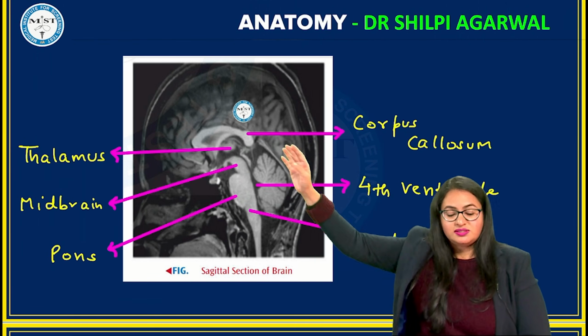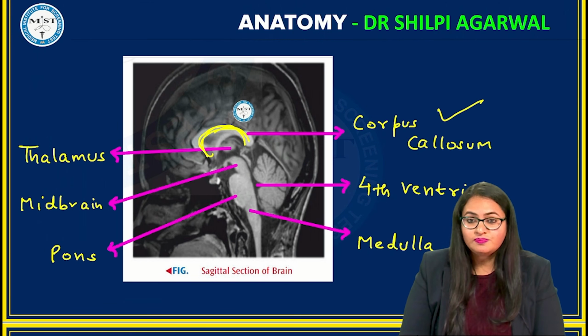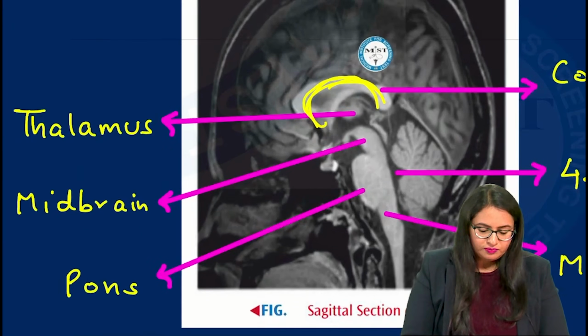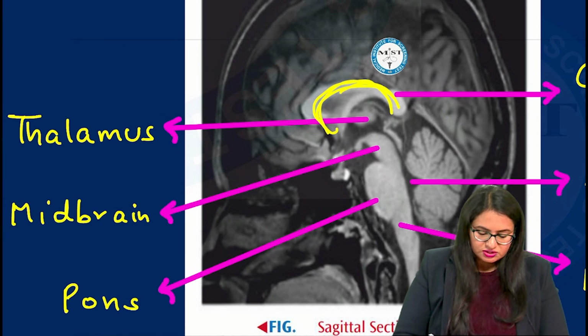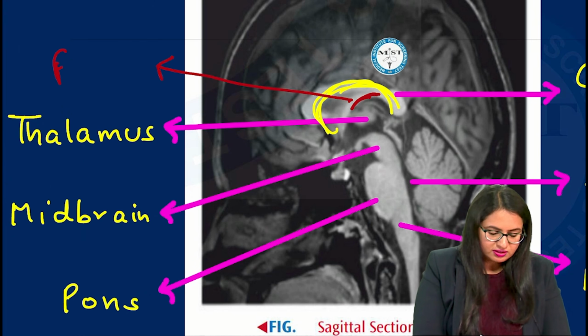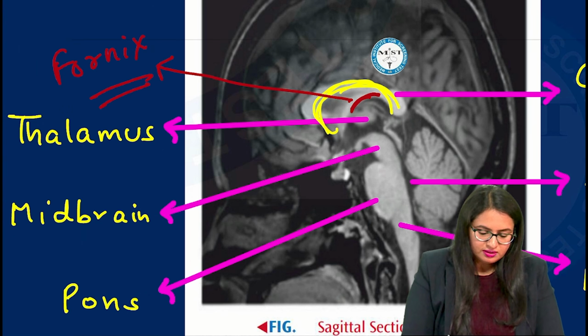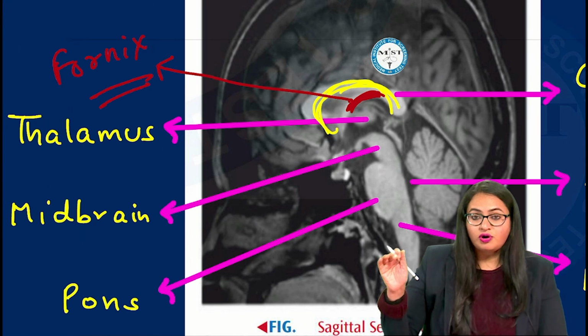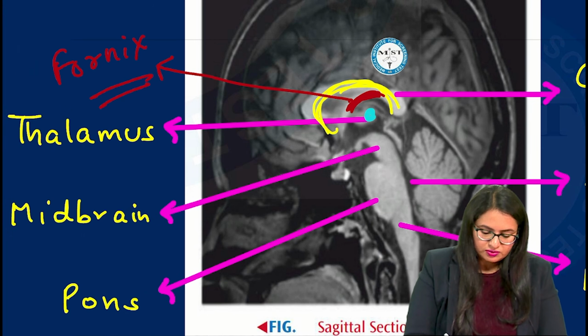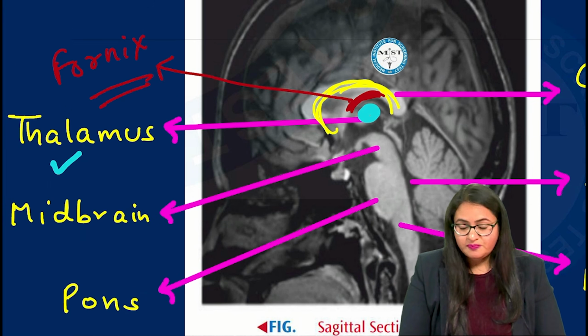In this, the C-shaped structure which you see over here is the corpus callosum. Then just below the C-shaped structure, there is a component which is given the term fornix. This is the fornix over here, and just below the fornix, this is the area for the thalamus.